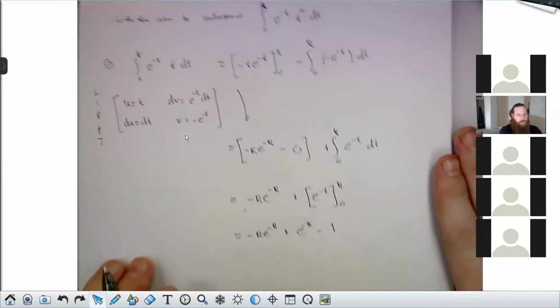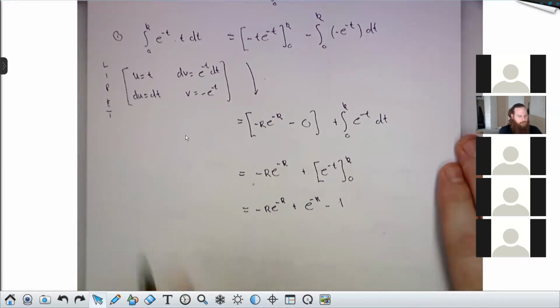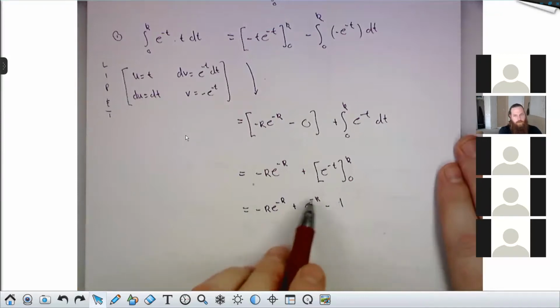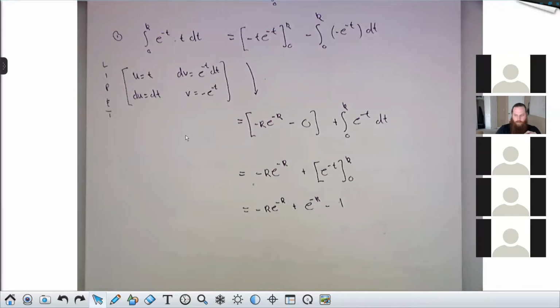And now I want you to imagine what would happen as I send r to infinity. What does e to the negative r do as r goes to infinity? Anybody remember these limits from 2.6 in Calc 1? Plus 0. It goes to 0.